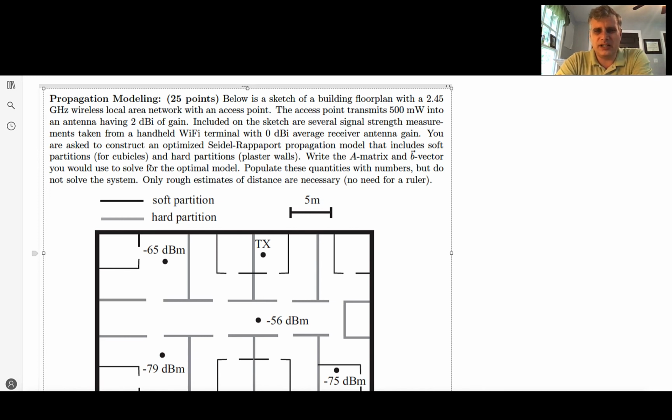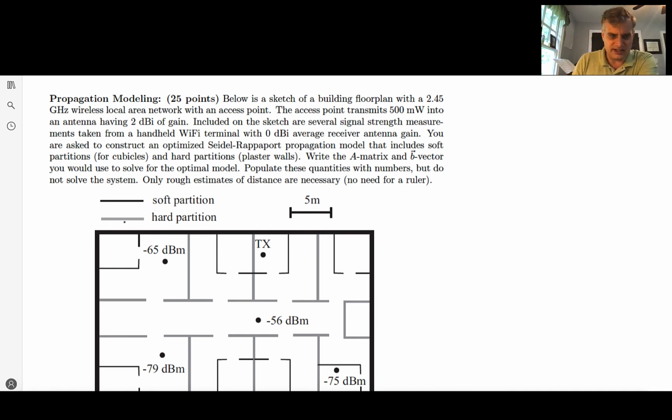The access point transmits 500 milliwatts into an antenna having 2 dBi of gain. Included on the sketch are several signal strength measurements taken from a handheld Wi-Fi terminal with 0 dBi average receiver antenna gain. You are asked to construct an optimized Seidel-Rappaport propagation model that includes soft partitions for cubicles.